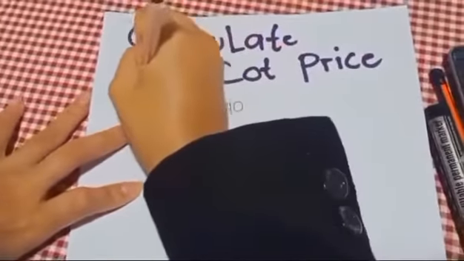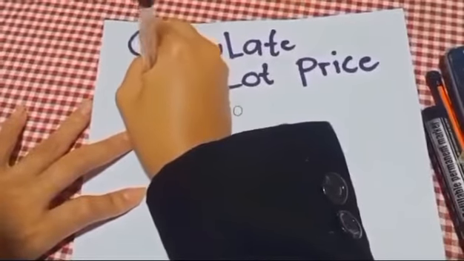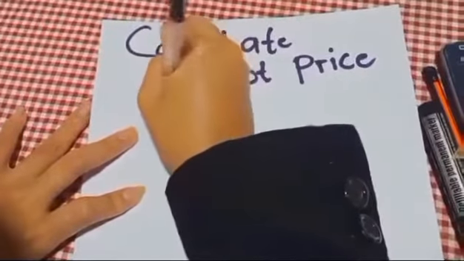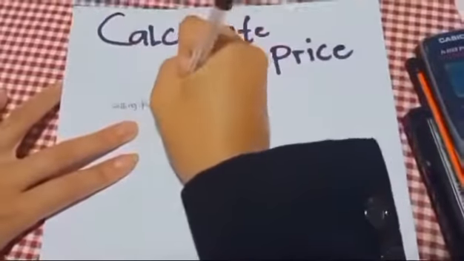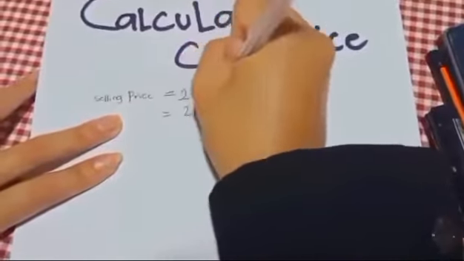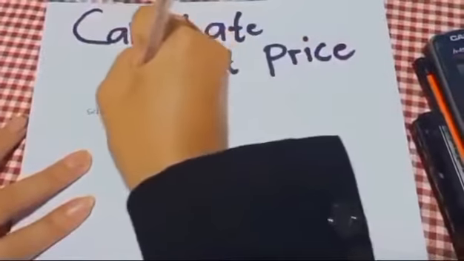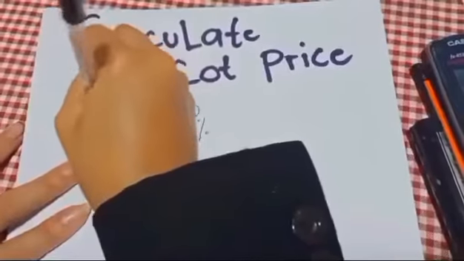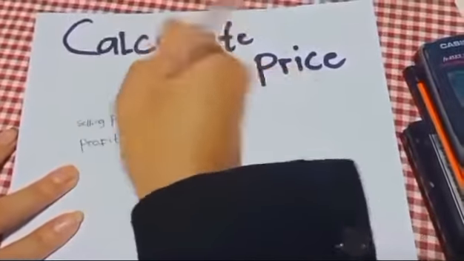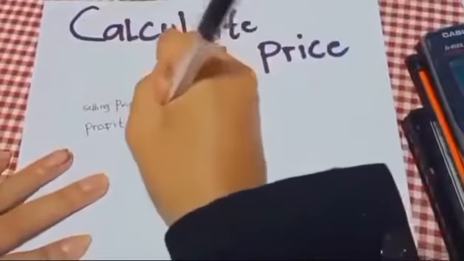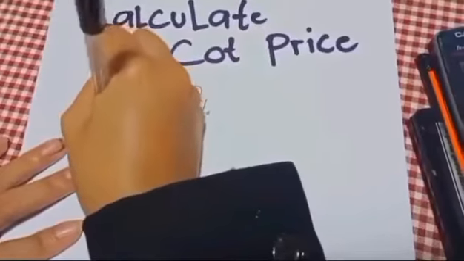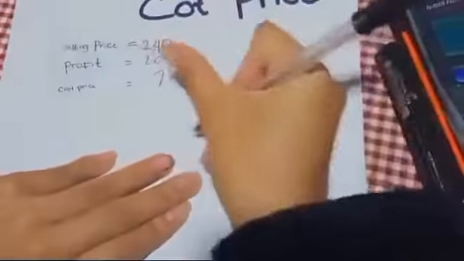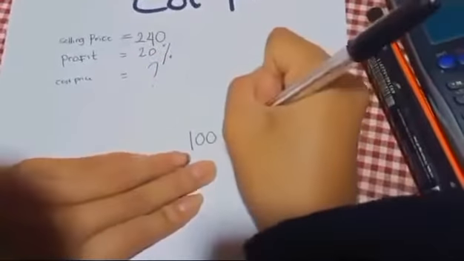For example, you made a profit of 20%. You want to calculate what the cost price of the product is. The profit you earned is 20%, which means you sell the product at 120% of the cost price.